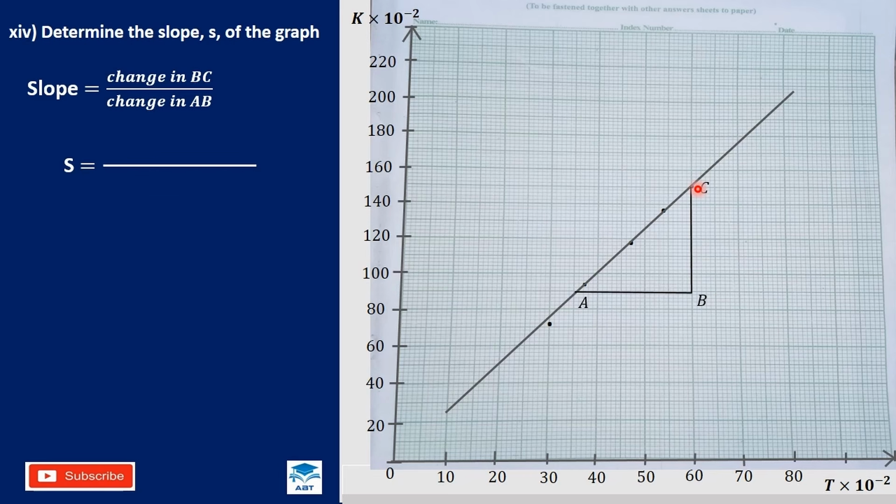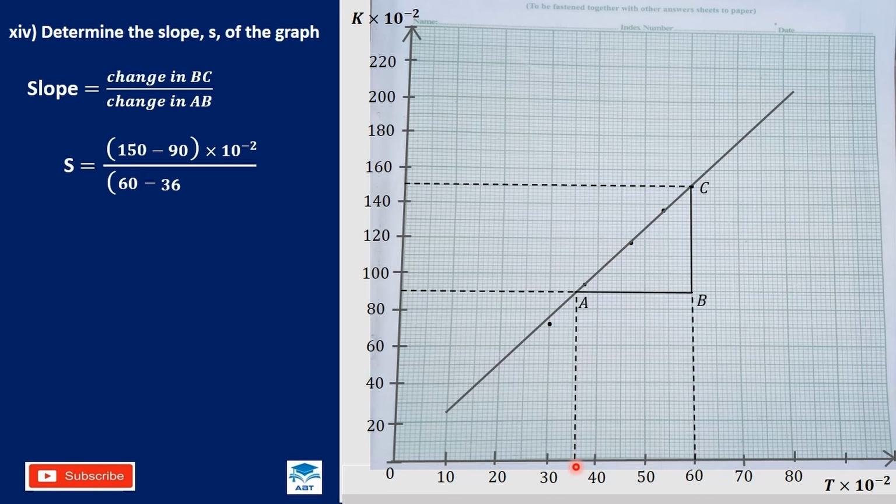So for change in BC, we have 150 minus 90. Remember, times 10 exponent negative 2. And for change in AB, we have 60 minus, this falls on, I think, 36.